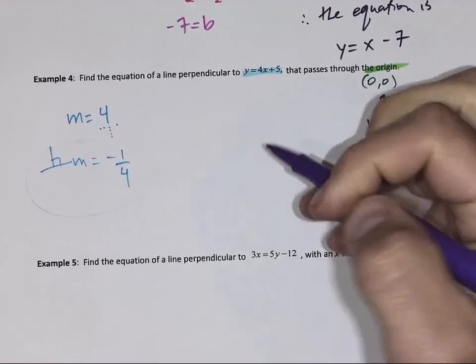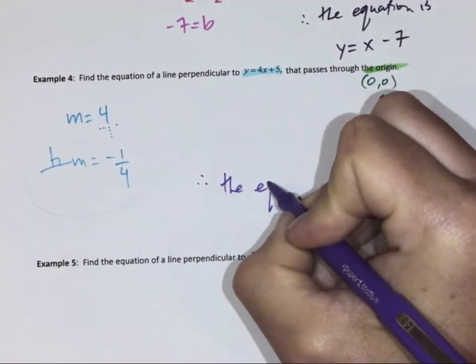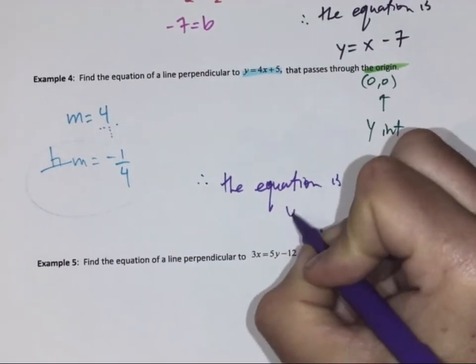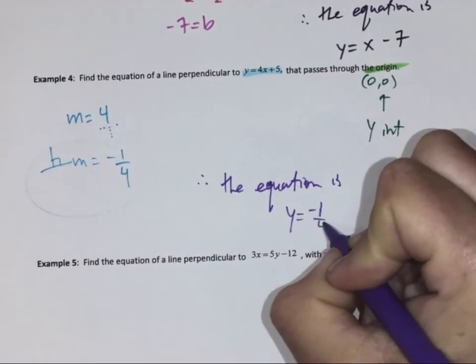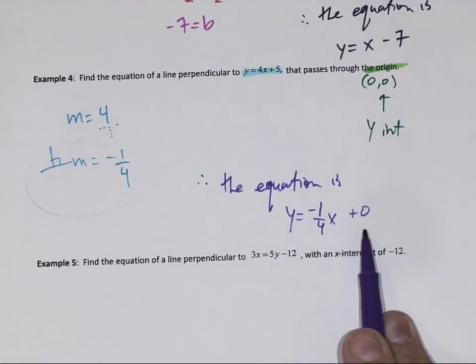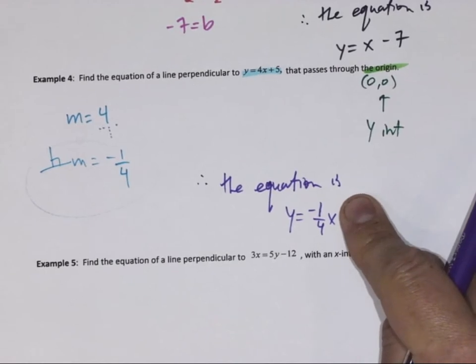We're good. Do I need to show that 0? Absolutely not. The equation is negative 1/4 x.